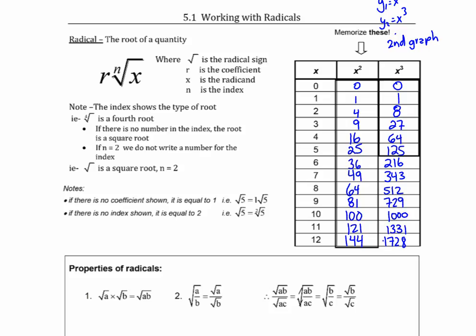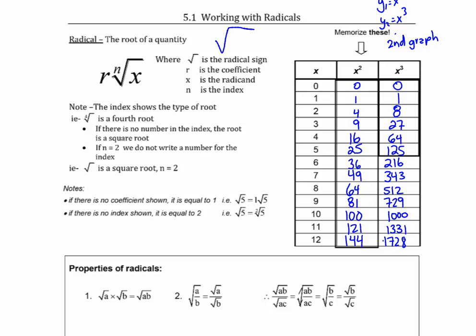So let's do a little bit of review. It is very important that you write your radicals properly, especially as an AP student. Notation is really important. And when you get to your AP exam, that is going to be important if you write things and your notations properly, right?